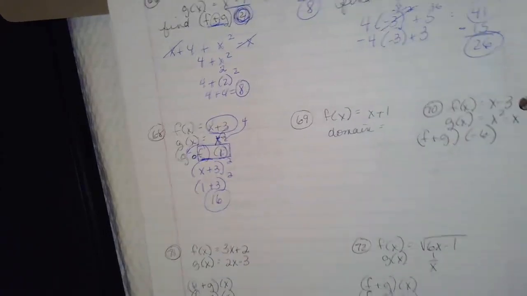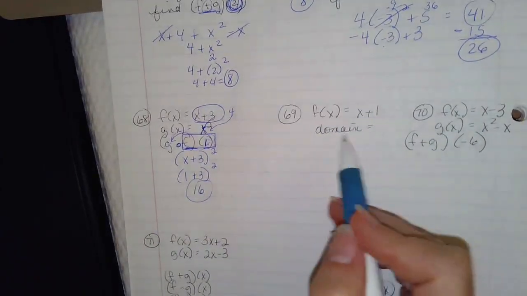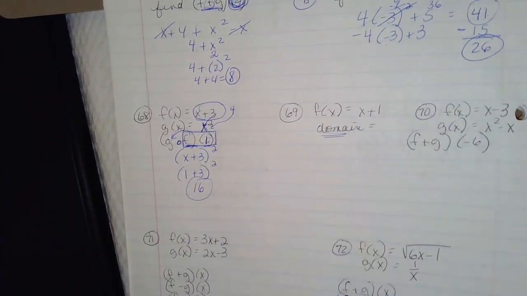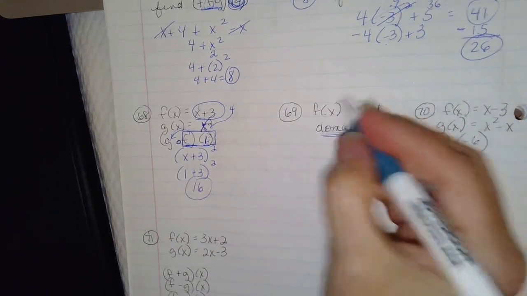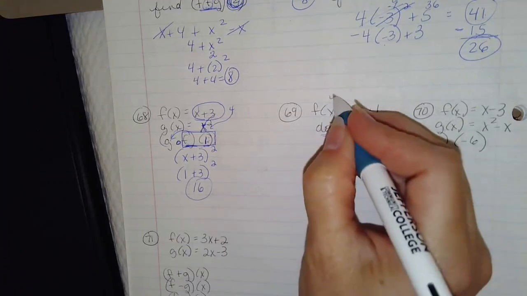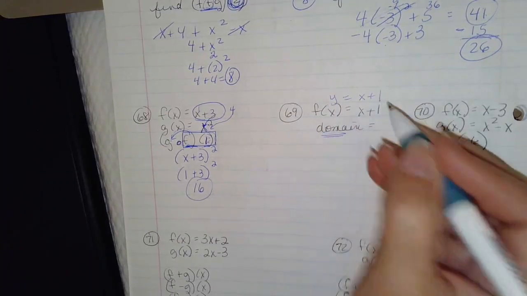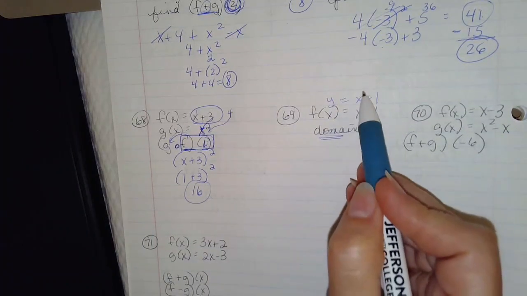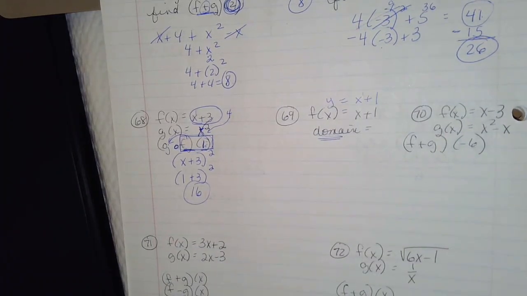All right, number 69 takes us back to this domain and range question. And it asks us if we remember, how do we find the domain of a function? We're using the f of x notation, so that's like y equals x plus 1. You might recall that's a linear equation. Anytime x and y are both to the first power, that means it's a line, a linear function.